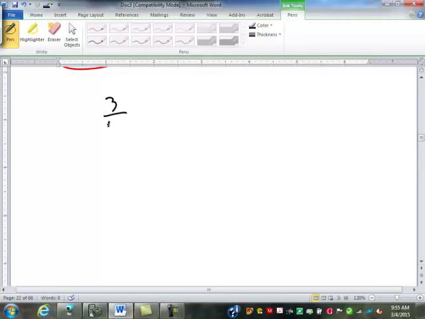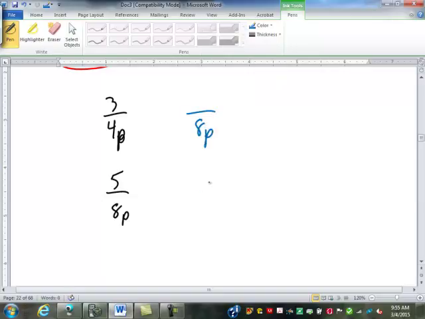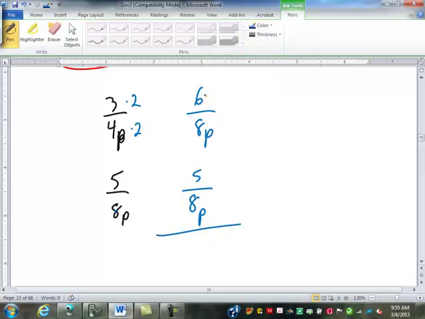So for 26, p over 4p, 5 over 8p. What's the common denominator going to be? 8p. We had to multiply this by 2, so we're going to multiply this by 2. This is 6 over 8p. This one didn't change. This is going to be 5. If we add 6 over 8p plus 5 over 8p, what's 6 plus 5? 11 over 8p.